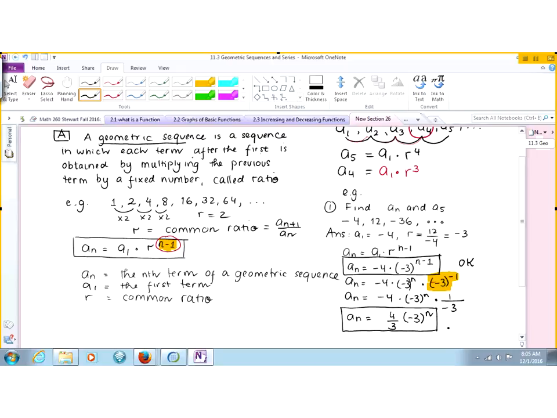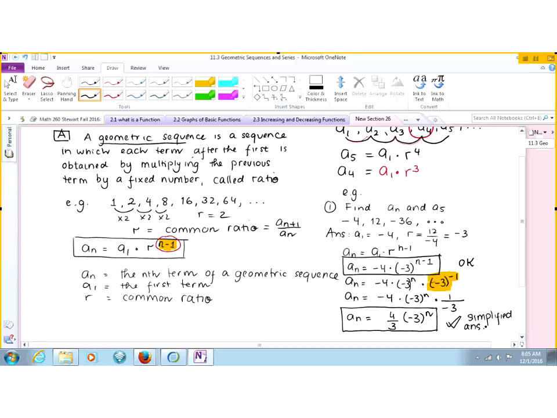On some of the solutions, they will write it in this form because this is the simplified version. So if you simplify your answer, this is the answer. Does that make sense?